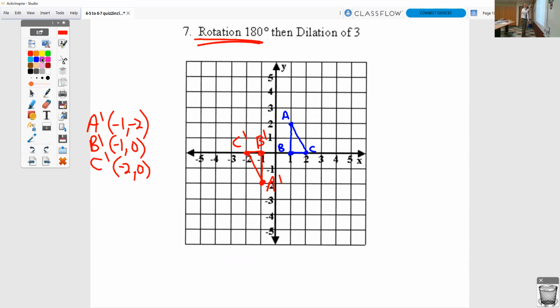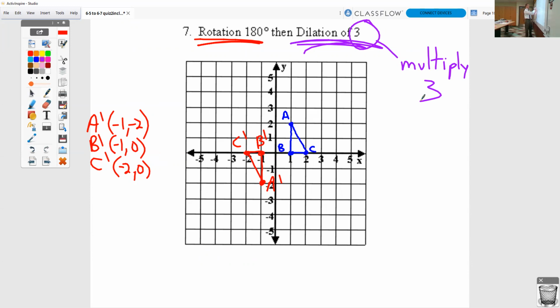Now that I did that, I need to do the dilation of 3. Well, when you do a dilation, you need to know the coordinates. Notice that I have my coordinates right here. Since I'm doing a dilation of 3, I need to multiply everything by 3.